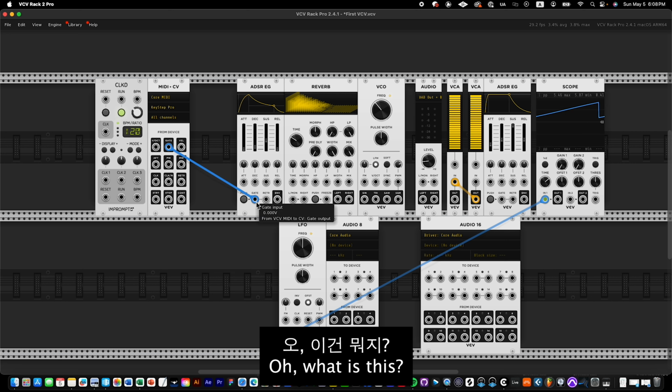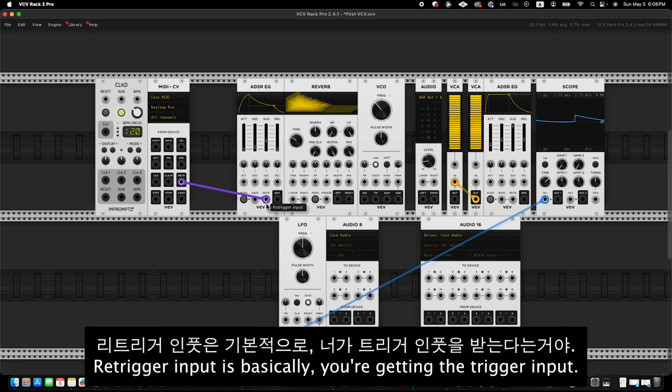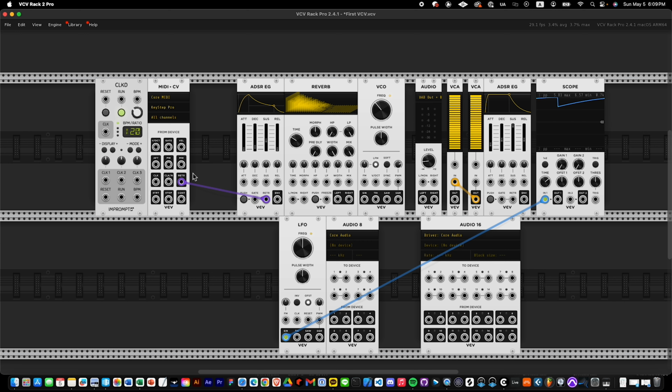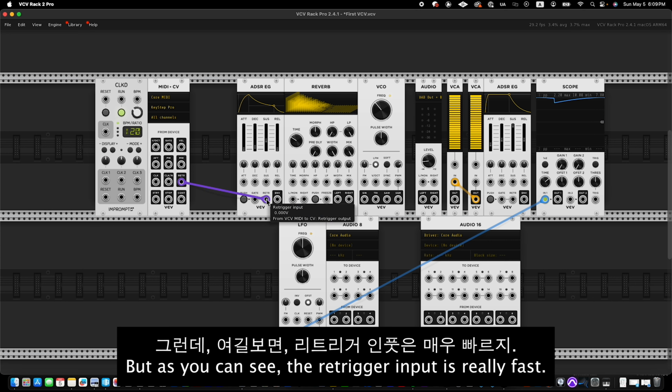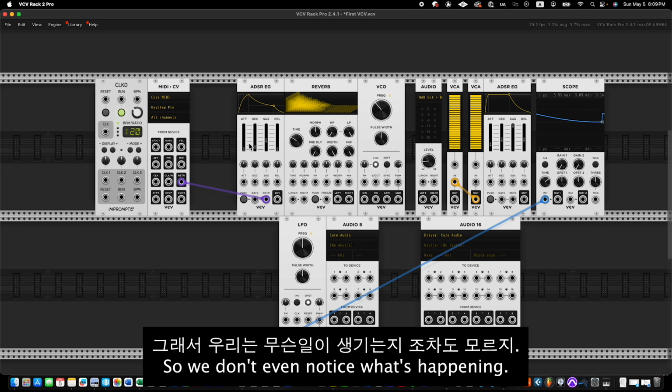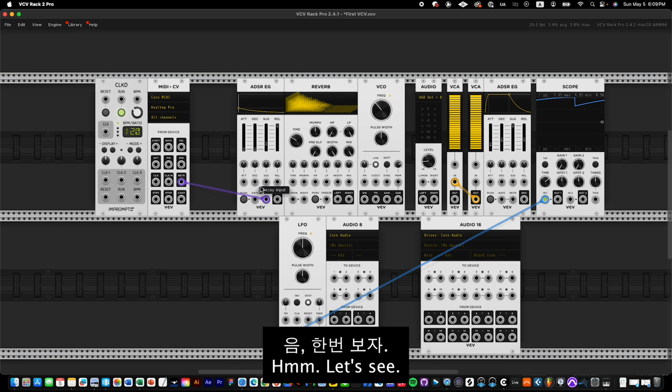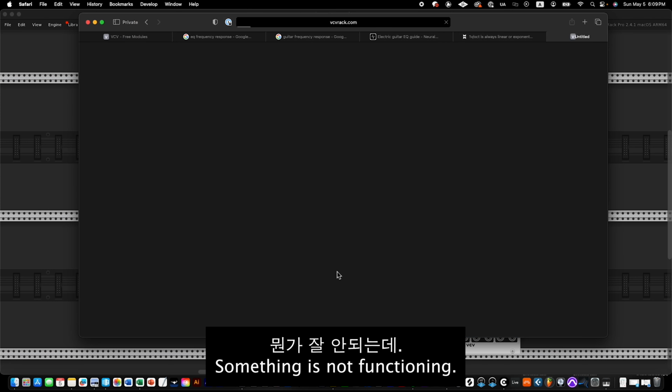Retrigger input. What is this? Retrigger input is basically where you're getting the trigger input. But as you can see, it's really fast, so we don't even notice what's happening. Something is not functioning.